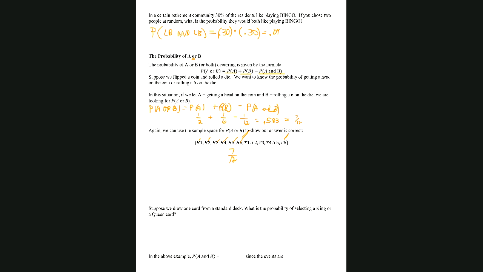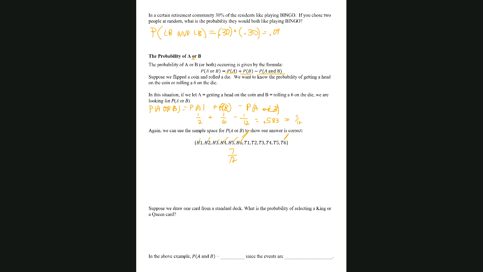So notice half heads, but then there are 2 chances to get something with 6s in it, but I'd already included this H6 in the first count. So that subtracting of A and B is getting rid of those duplicates, or a time when I counted twice the same thing. So that's why we need that in the formula. So 7/12, so everything works out. So this must be a formula we can use.